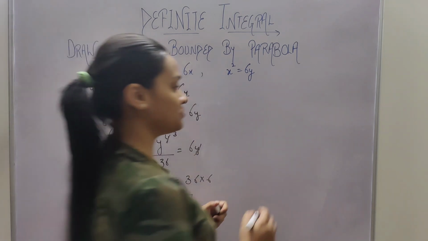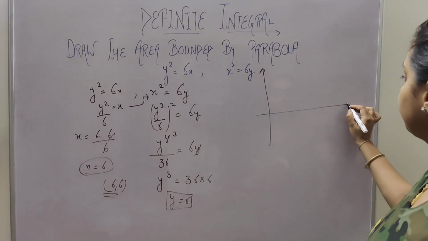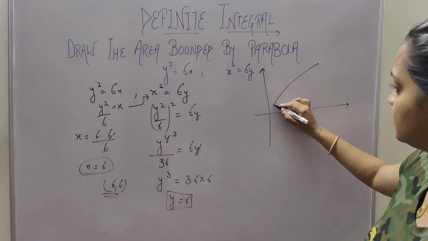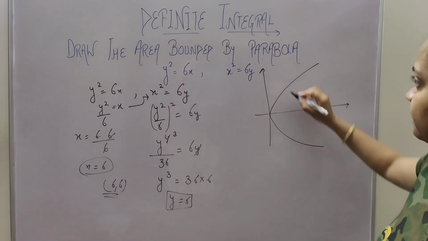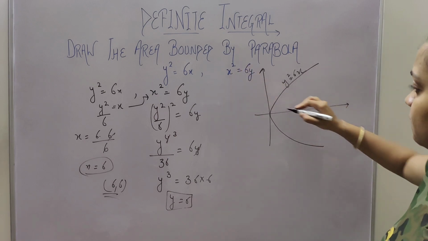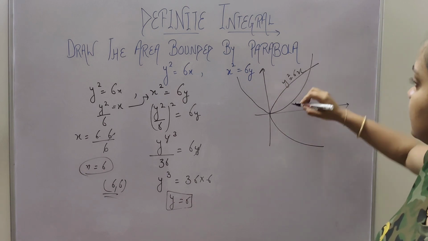So we are just going to draw a freehand sketch of the two parabolas. Firstly, y square is equal to 6x, it is drawn like this. And second is x square is equal to 6y, it is drawn like this.